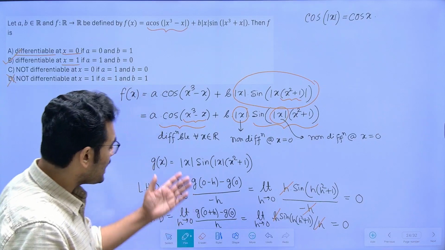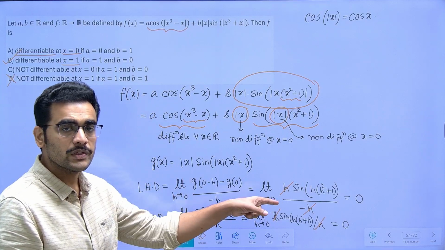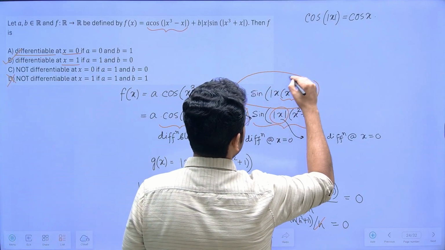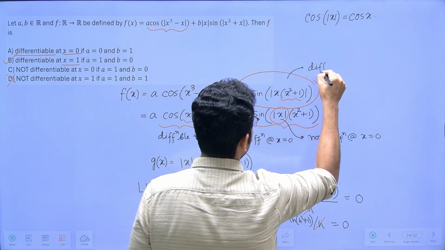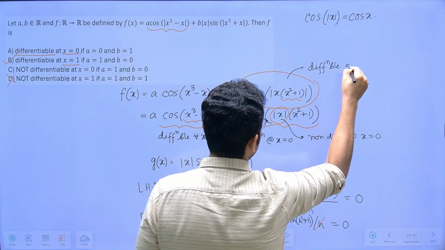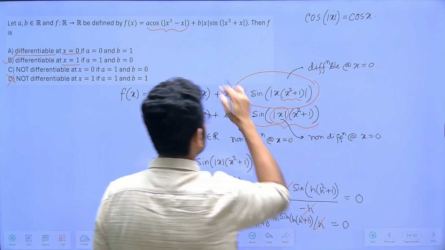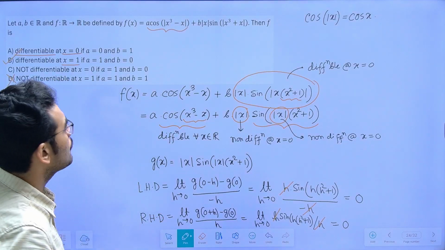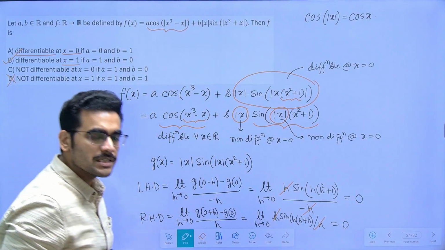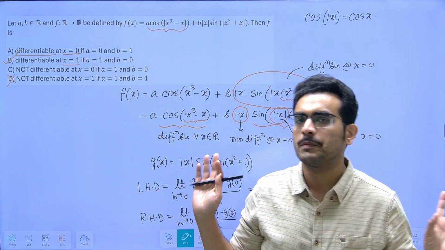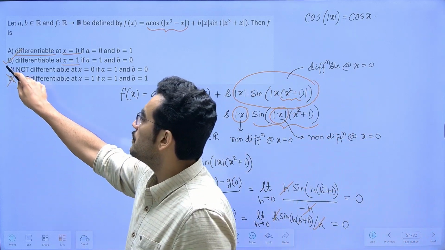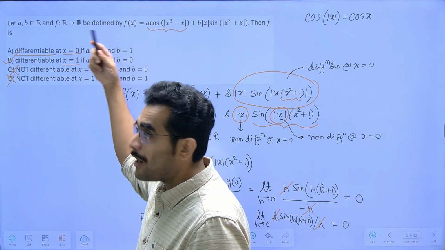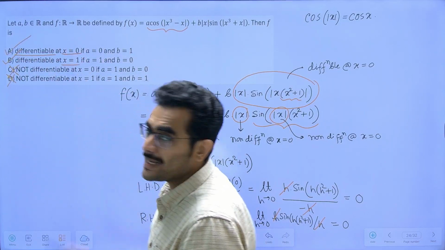So clearly you can see LHD is equal to RHD at x = 0, so it is differentiable at x = 0. This function is differentiable at x = 0 and the other is always differentiable, so the sum is always differentiable at x = 0. Or we can say that this function is differentiable for every x belonging to R. So non-differentiability will never arise, and differentiability at x = 0 will occur in any condition. So option A is correct.